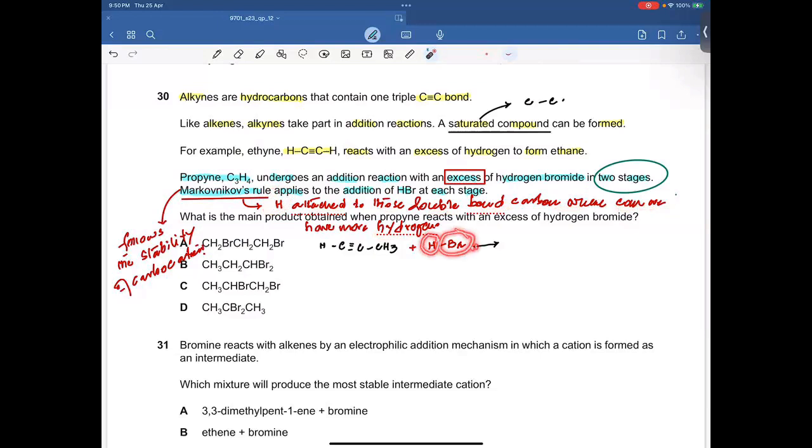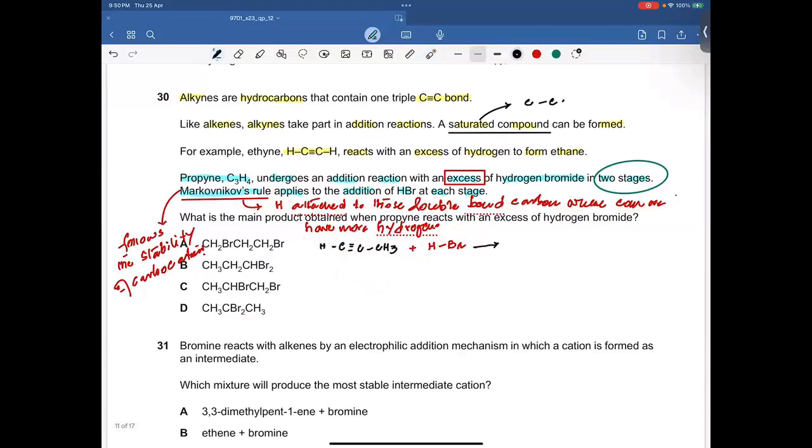All right. So if I apply Markovnikov rule, obviously this hydrogen goes to that carbon atom because it has more hydrogen atoms. So this is H, C, double bond C, CH3. When I remove one pi bond, I attach one hydrogen and one bromine. Okay, first step.